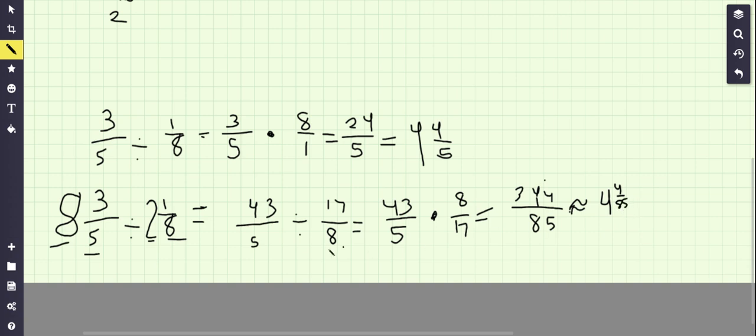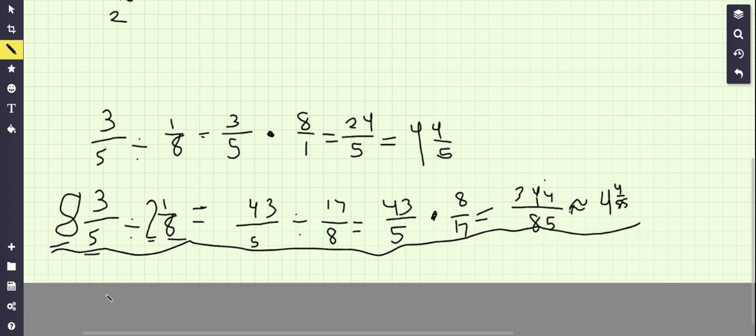You can check by multiplying 4 and 4/85 times 2 1/8. Probably somewhere around 8 and 3/5.